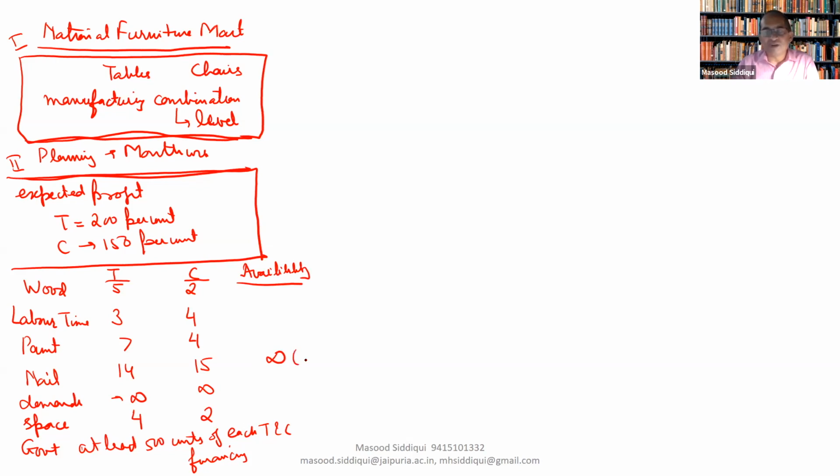So this is not limited, which means they have an infinite number. And the second thing is, as per the financial capability and the money available, there is no need to go to the bank. So related to the bank, there is no need to plan.